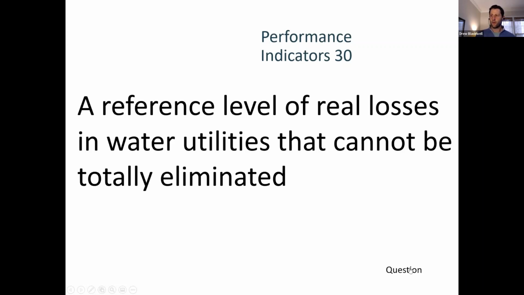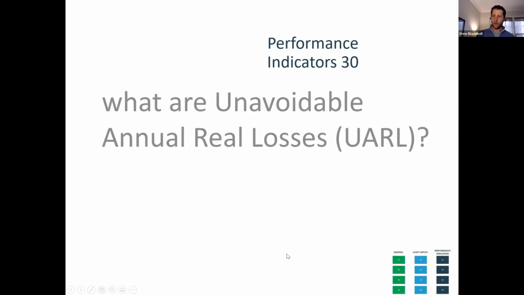I'll go ahead and open this one up because I think we lightly touched on this yesterday, but this is: what are unavoidable annual real losses. No system is immune to leakage. Every system has it. Will, correct me if I'm misstating this, but as soon as a brand new pipe is installed in the ground, it's like driving a new car off the lot.